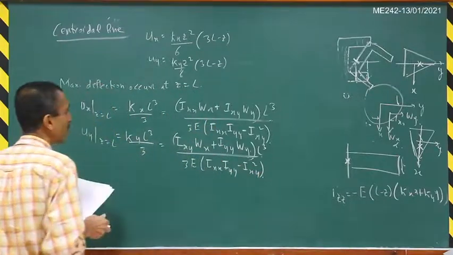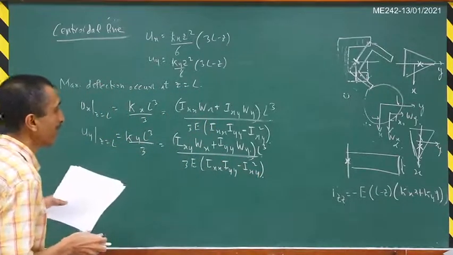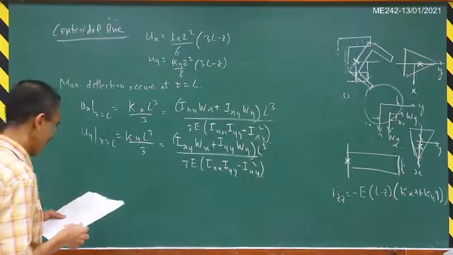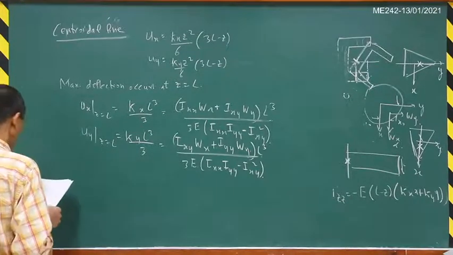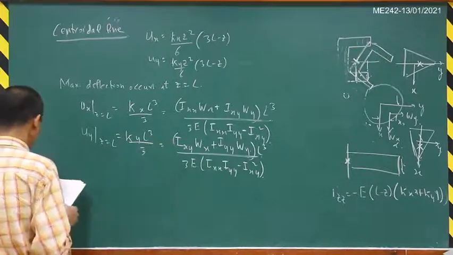And now this special case where the axes coincide with the principal axes, then what will you get? In that case your I xy will go to 0.